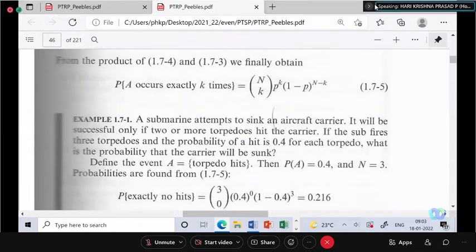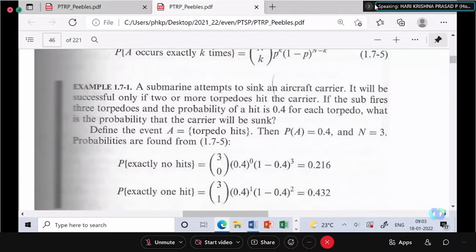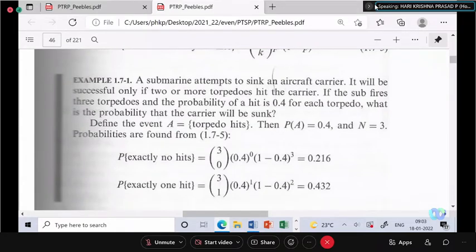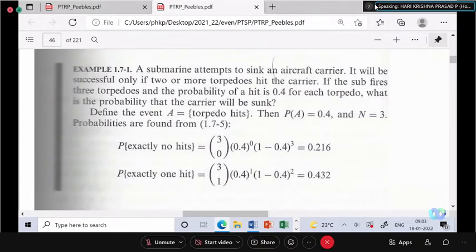Now, in the example that follows, a submarine attempts to sink an aircraft carrier. It will be successful only if two or more torpedoes hit the carrier. If the submarine fires three torpedoes and the probability of a hit is 0.4 for each torpedo, what is the probability that the carrier will be sunk?